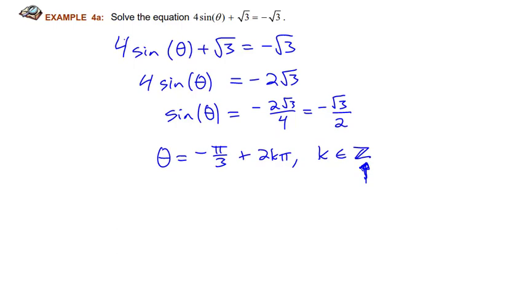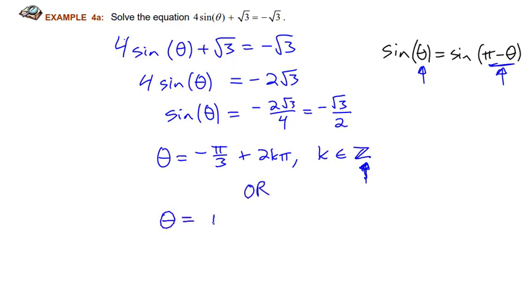Now to find the second family of solutions, we can use the identity sine of theta equals sine of pi minus theta. It turns out that any angle theta has the same sine value as pi minus that angle theta. So we can find another family of solutions by taking pi minus our first solution, negative pi over 3.